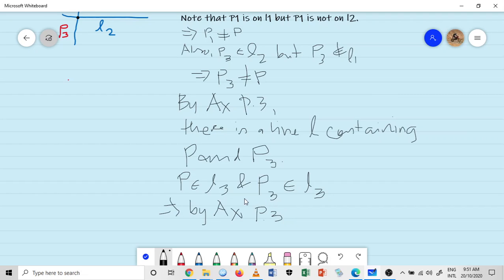So there should be only one line that contains both P and P3. They are contained in L, and they are also contained in L3. So that should mean that L is L3. L must be the same as L3.